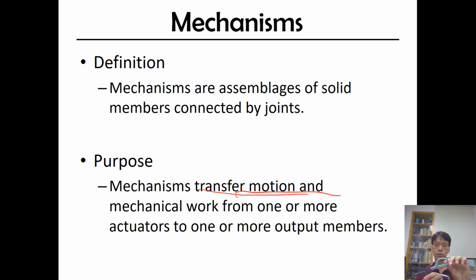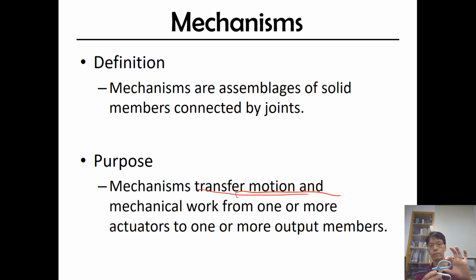When I push this one down, the output here on the blade is moving up. So it transfers this type of motion into another motion. So this mechanism transfers motions, and it also transfers mechanical work.